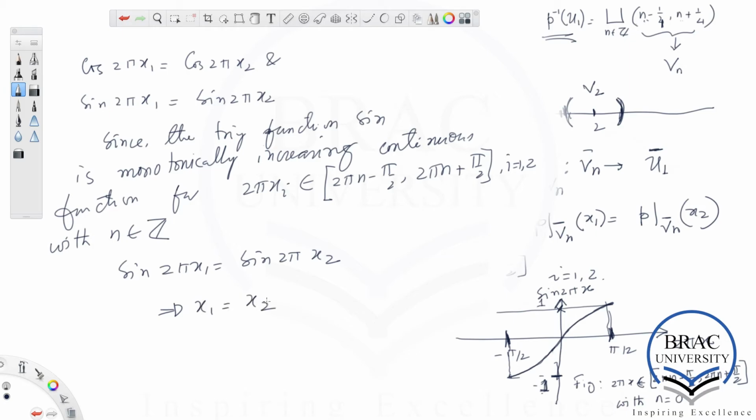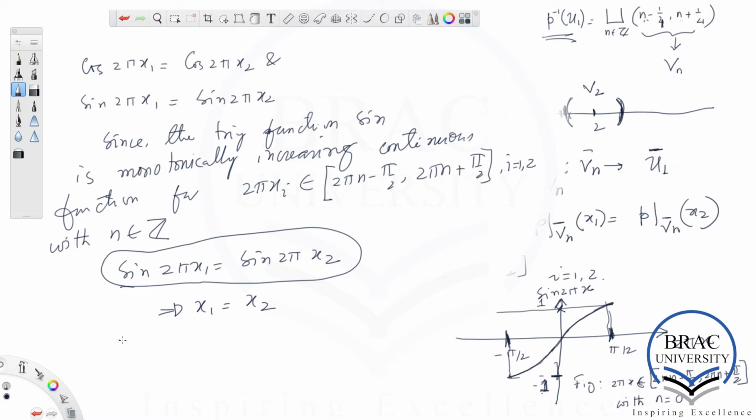There is no other way this equality can hold. Okay, there is no other way. That's the only possibility. x1 is equal to x2, since it's a monotonically increasing continuous function.